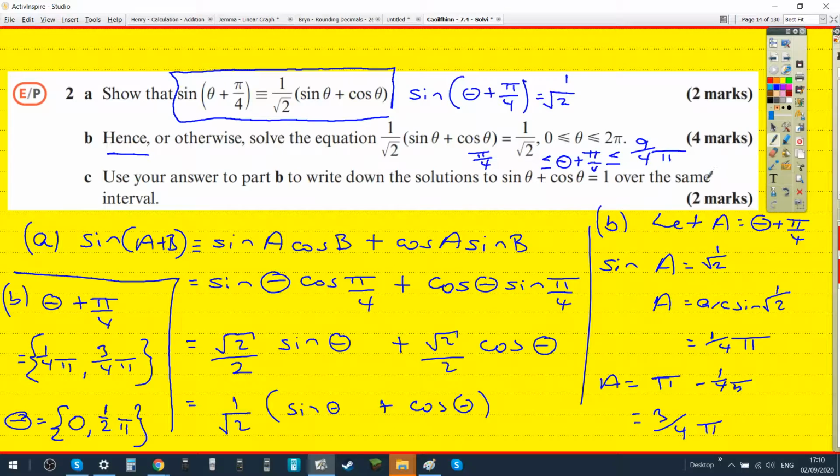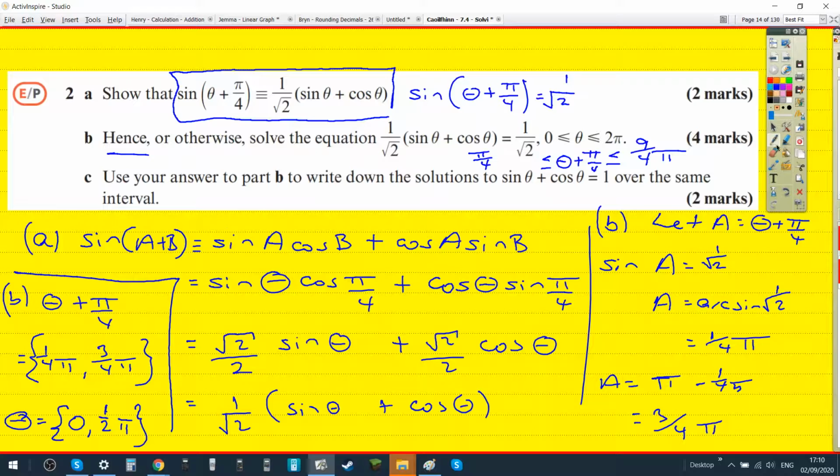And so you said sine repeats every 360, so add 2 pi to our first answer. So what was it? 1 over 4 pi plus 2 pi equals 9 over 4 pi. So it's just in the range.